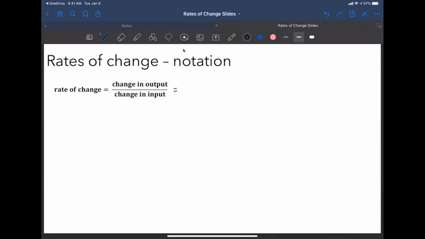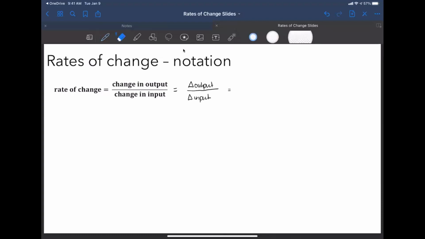So this would be the delta in output over the delta in input. At some instantaneous point, so at a single point, this is often abbreviated to d.